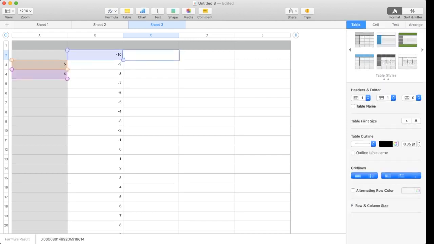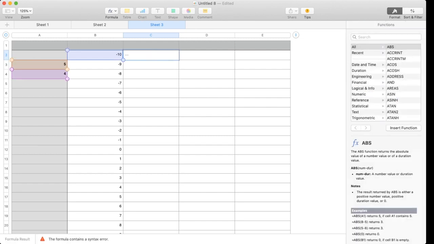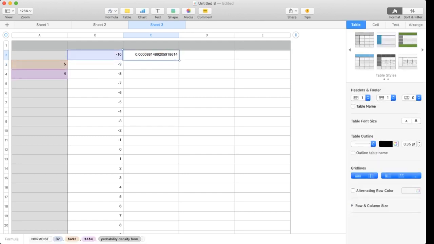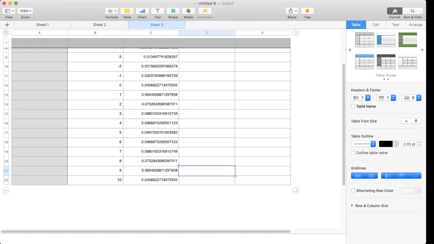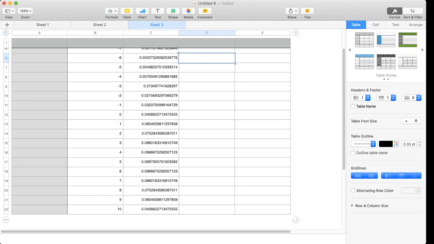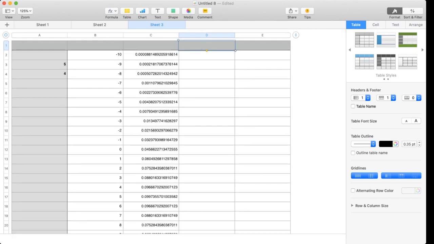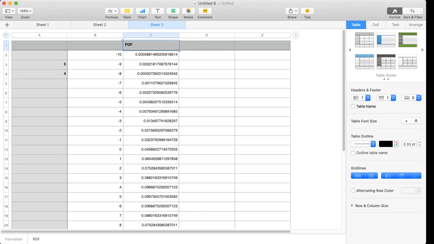I close it, and here is a value, and then I use the formula for all the cells and get the values. These are basically the PDF. This form of NORM.DIST is giving me a PDF.